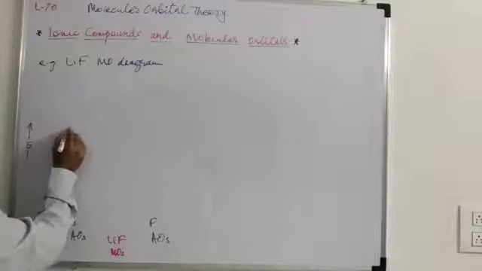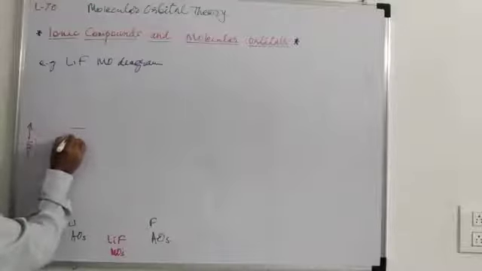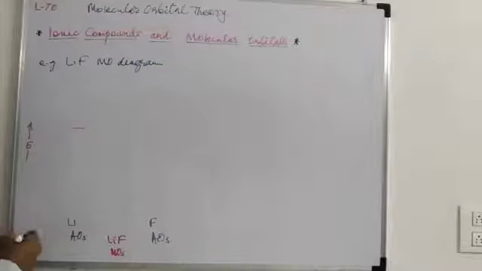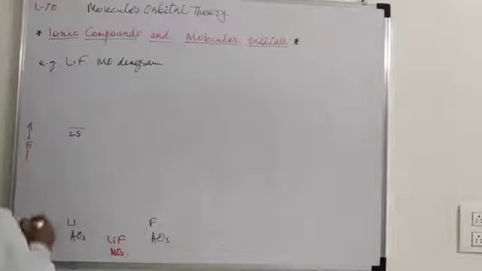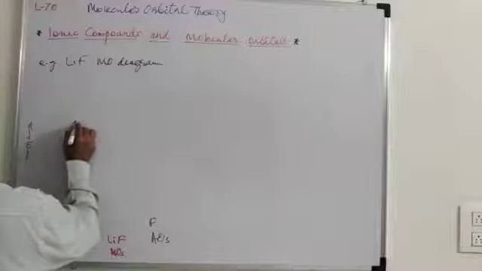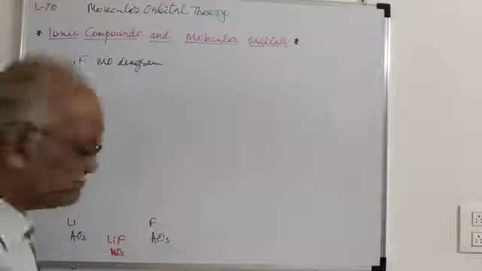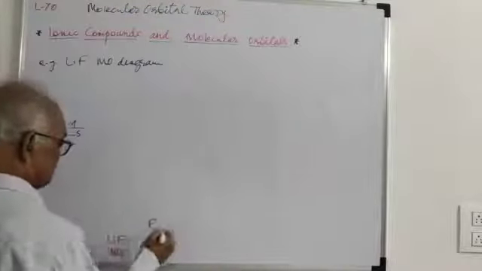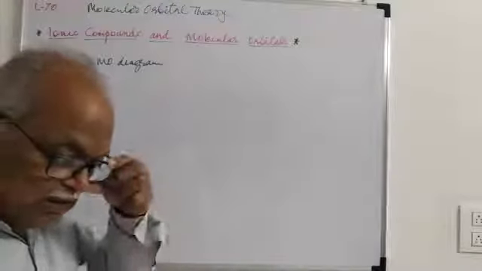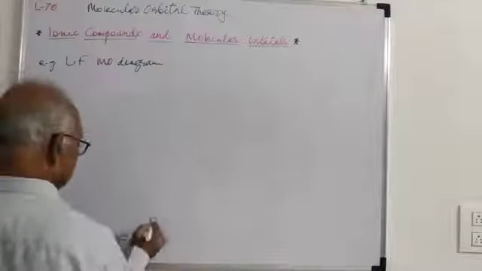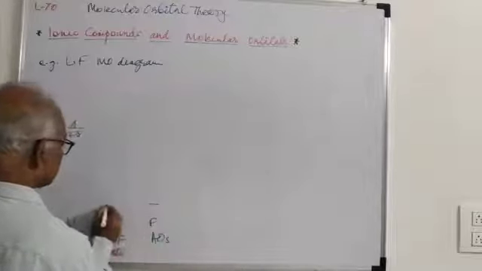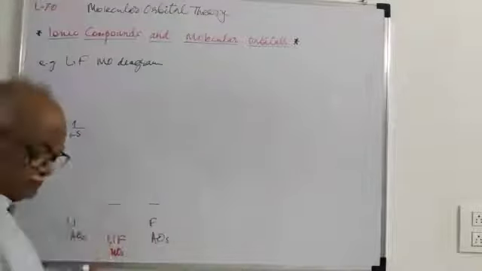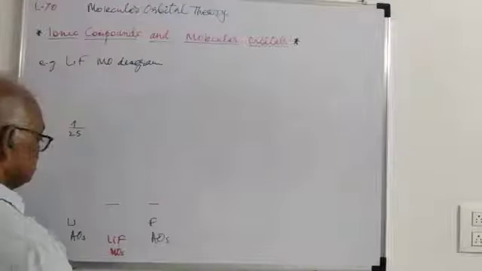So this is 2s containing only one electron, and on this side we have the 2s of fluorine.